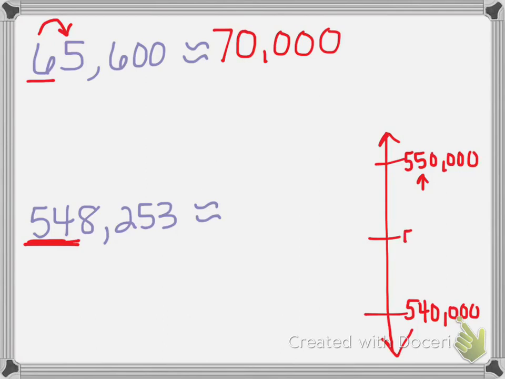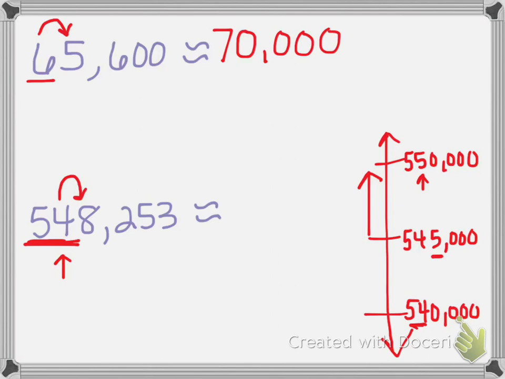Halfway between would be 54, and you slip a 5 to the right, so it'll be 545,000. Now, because this 4 is in the 10,000s place, we can use that little trick. Look to the right. We know 5,000 would be our midpoint. If that number is 5 or above, we're going to give that 10,000s place a shove up to the next 10,000.